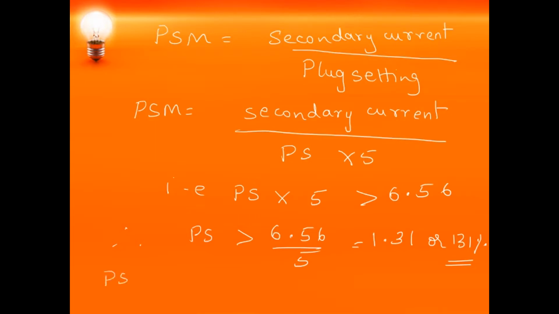So the plug setting standard values are in steps of 25%. That means 25, 50, 75, 100, 125, 150, like that. So the nearest to 131 is 150. Therefore, we take the plug setting as 150%.